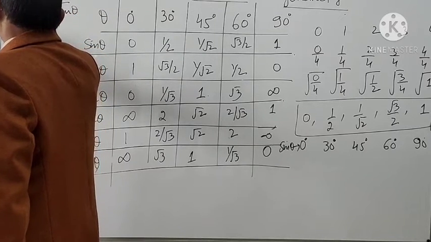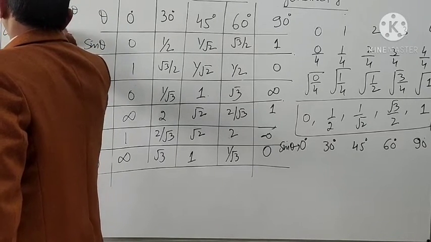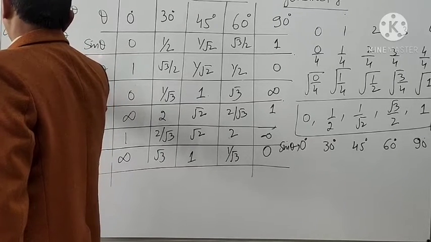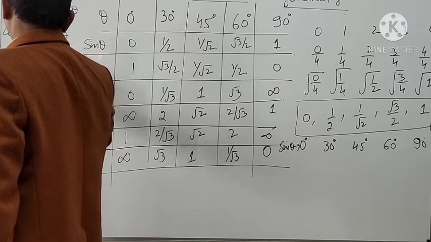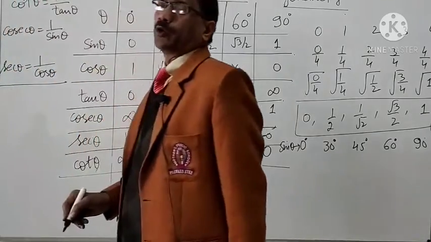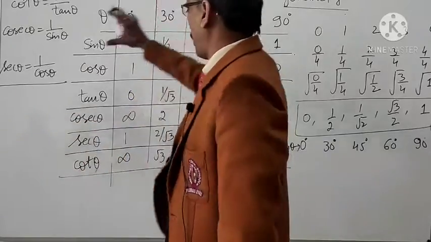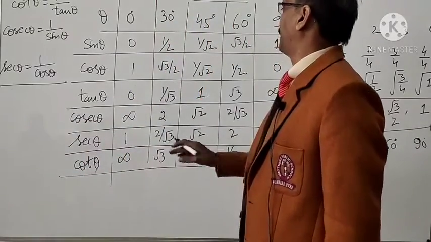And cosec theta is 1 upon sin theta and sec theta is 1 upon cos theta. So these are the reciprocals. Using these identities, we can find all values of the table.